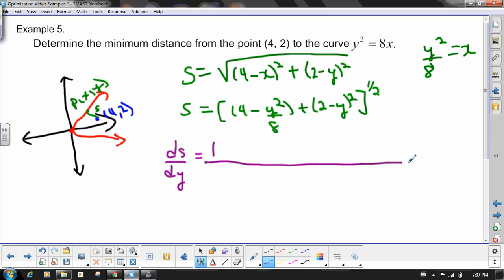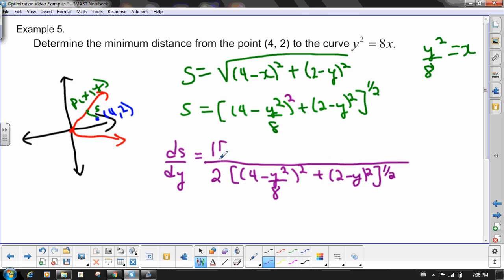I have 1 over. I'm going to rewrite my expression in the denominator because when I take the derivative, oops, I forgot to square it here. So I should have a squared here. I end up with a negative exponent, which goes to the denominator.